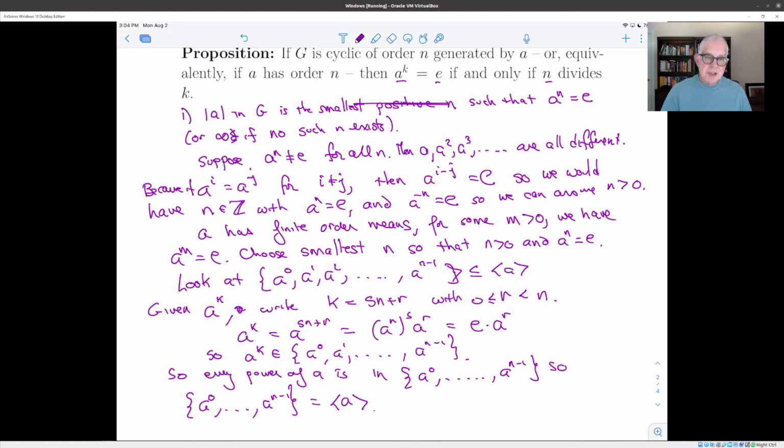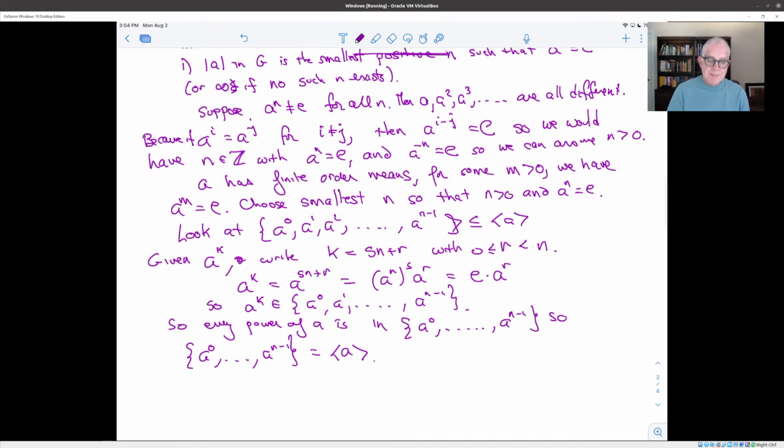There's only one other thing which could go wrong: what if two of these things were equal? But that can't happen either. Suppose A to the I equals A to the J, where I and J are both between 0 and n minus 1. Let's assume that J is bigger than I, just for simplicity. Then A to the J minus I would be equal to the identity. But J minus I, since these both are numbers between 0 and n minus 1, their difference is also between 0 and n minus 1.